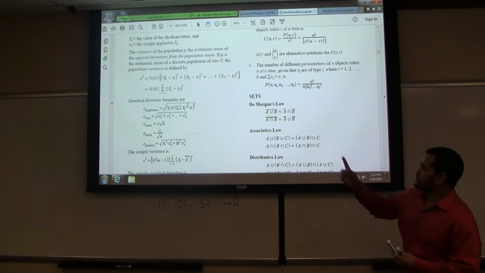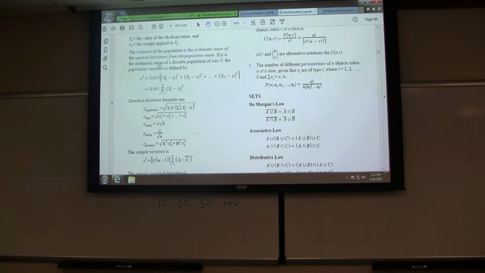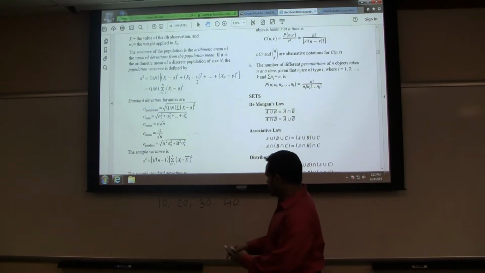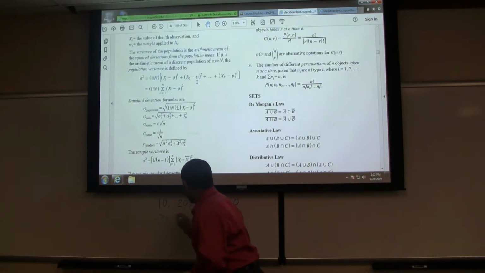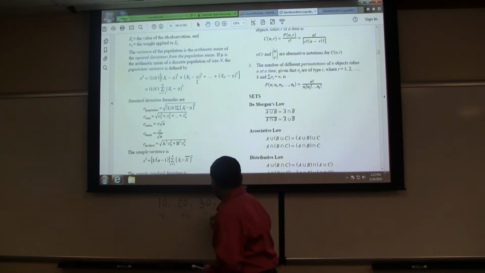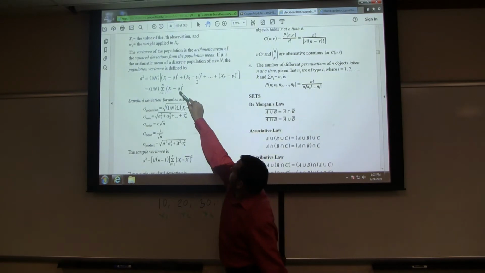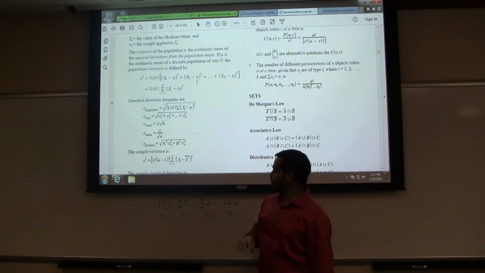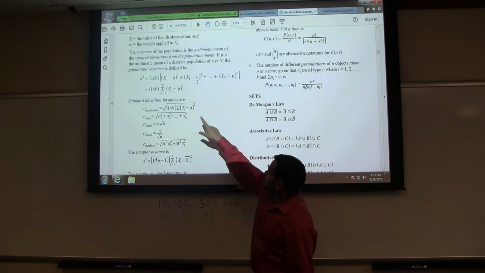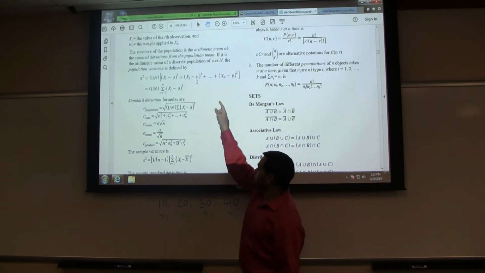If you see the equation carefully, this is my data x1, x2 to xn. x1 means my 10, x2 means my 20, then x3, x4. So write it down. This is my x1, this is x2, x3, x4. I have 4 data. What about mu? Mu is the mean value. So to find population variance, I need to find the mean first.